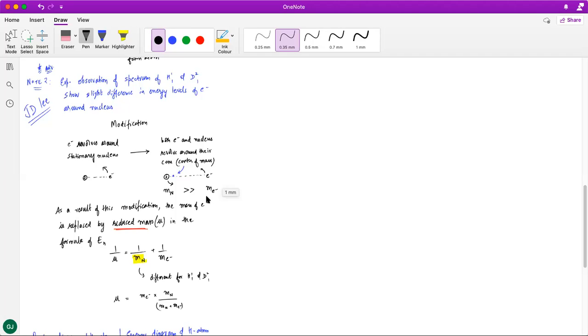No, no. See, what we are considering over here is nucleus and electron both as point masses. Okay, sir. So from Bohr's model perspective, we are considering them to be point masses.